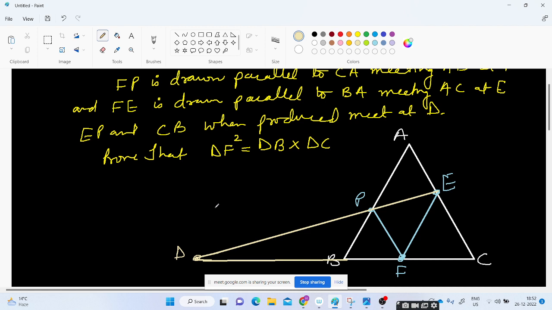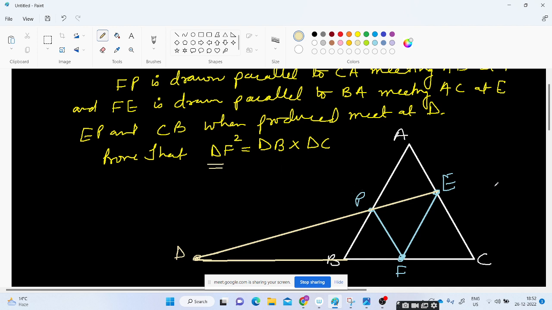Okay, what we have to prove: DF square is equal to DB into DC. So we have to prove this. So जो parallel lines हैं बेटा, that you will consider first.